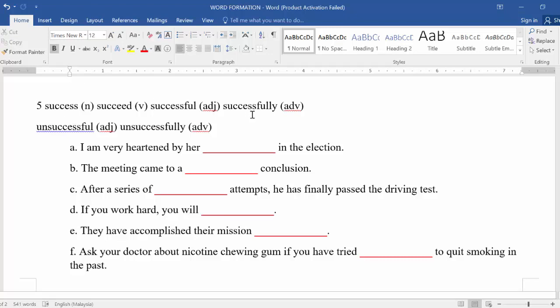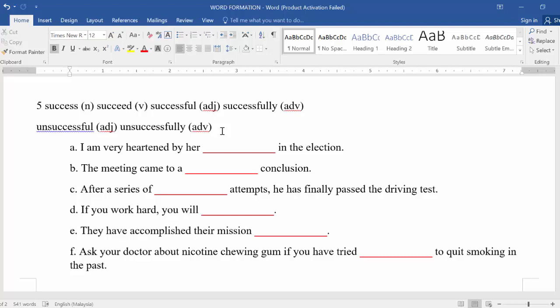Successfully is used to describe an action which has been done or completed very well, which has been done to accomplish its goal. Next one, unsuccessfully is the opposite of successfully, used to describe an action which has not been done well, which has not been done to achieve its goal.